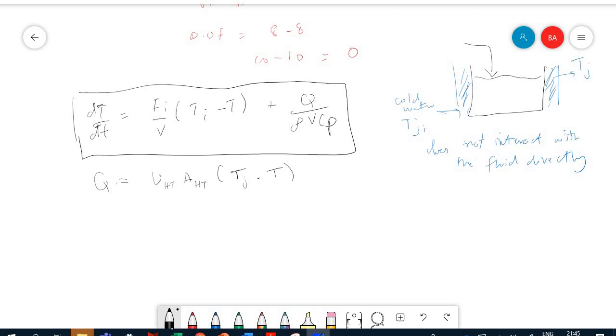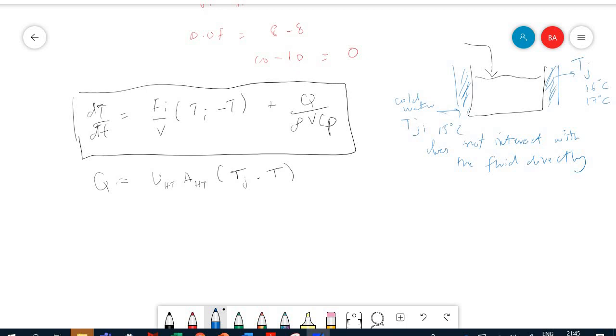It is a good assumption to say that Tj in is about equal to Tj out, because the water enters and leaves very quickly. For example, it enters at 15 degrees centigrade, and it leaves at, for example, 16 or 17 degrees centigrade. So it gets hotter, but it gets in and out very quickly.